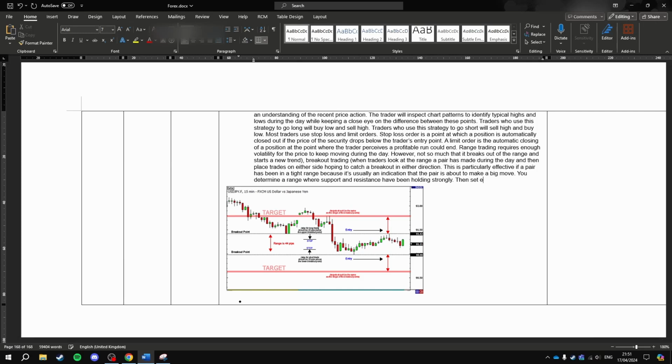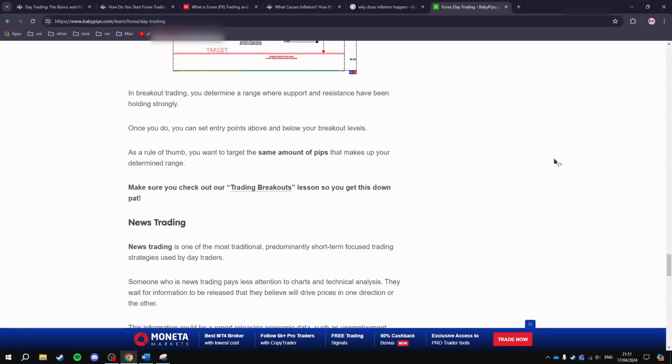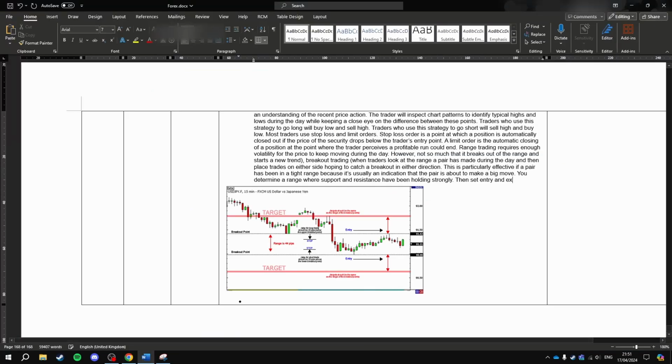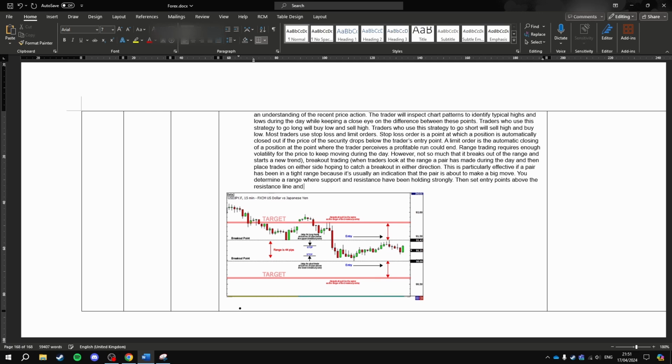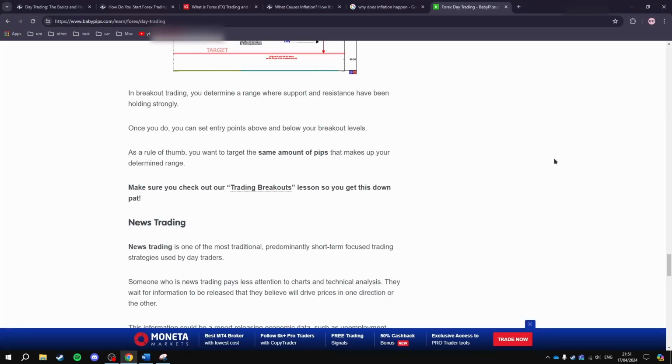Then set entry points above the resistance line and below the support line. You want to target the same amount of pips that make up your determined range.